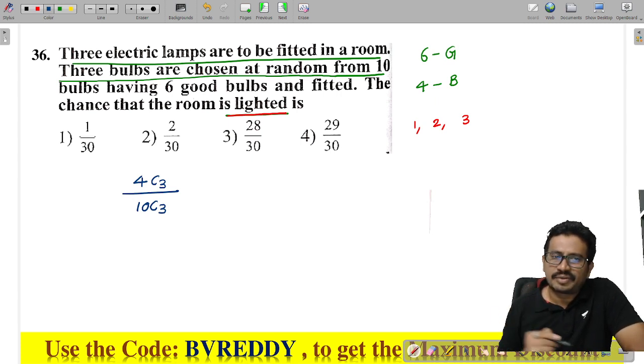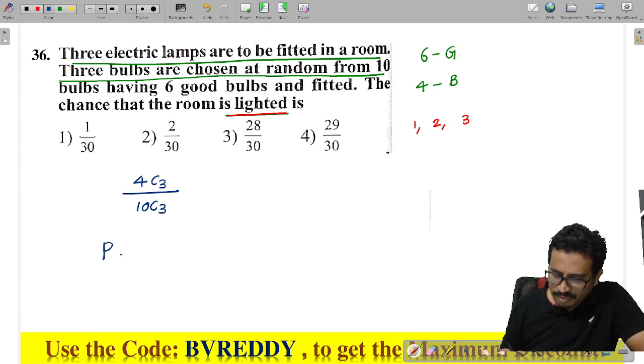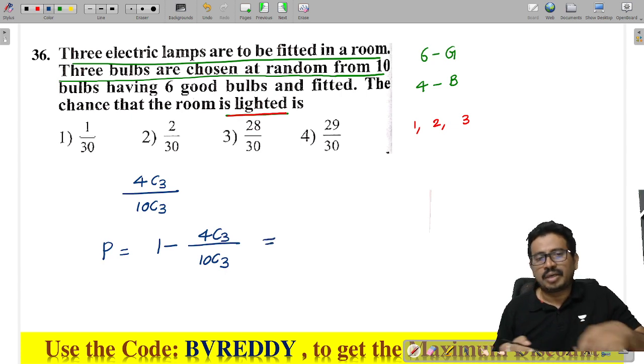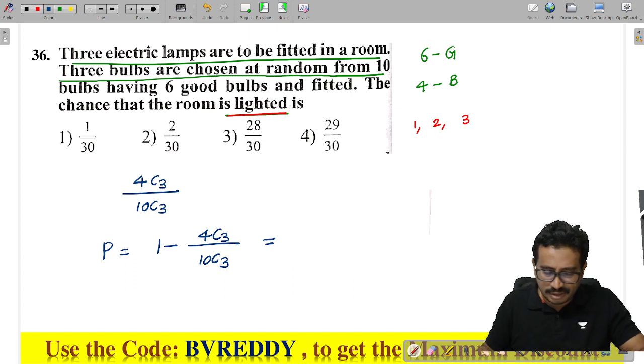This is the probability that all three are defective. But the room has to be lightened, so what is the probability? That is 1 minus 4C3 by 10C3.